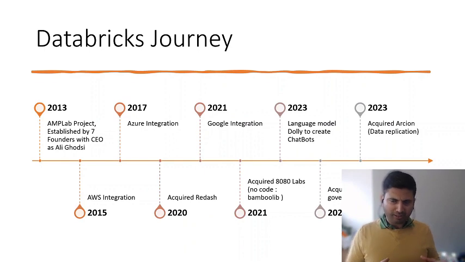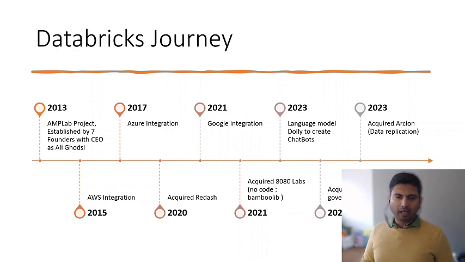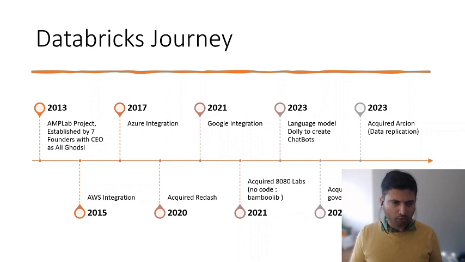Databricks grew out of an AMP Lab project at the University of California. There were seven individuals who set up this company, with CEO Ali. Once they had a basic product, just like any other company in the market, they started integrating with the hyperscalers, because AWS, Azure, and GCP are the most important players in the market.